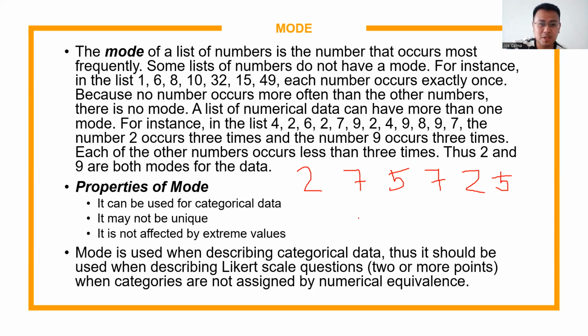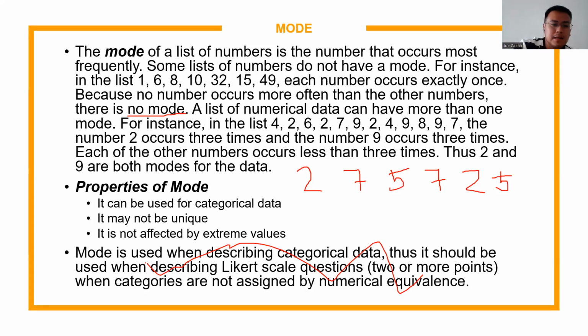So, sa mode, pwedeng magkaroon ng walang mode. Why? Kasi wala naman mas madami. Pantay-pantay lang sila, pare-pareho lang silang tigda-dalawa. So, walang most frequent. Therefore, wala tayong mode. Okay? Naintindihan? Naintindihan ba, guys? Yes. Okay, so possible na wala tayong mode at madami yung mga modes.